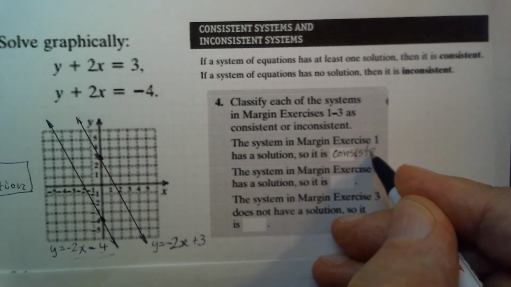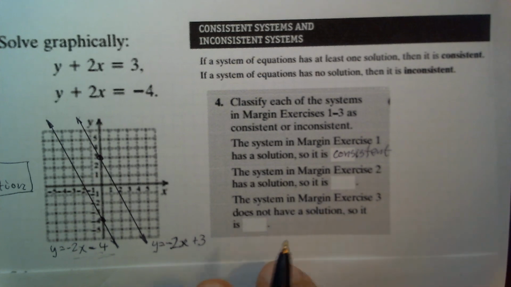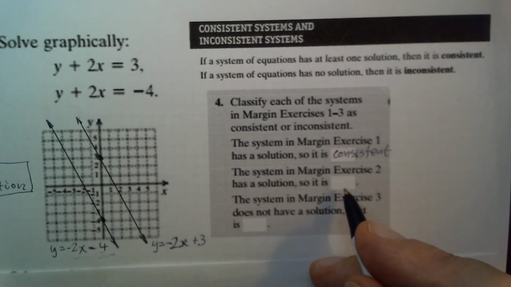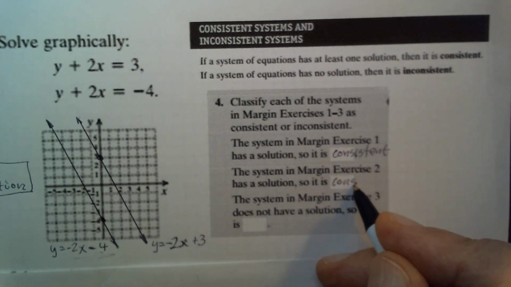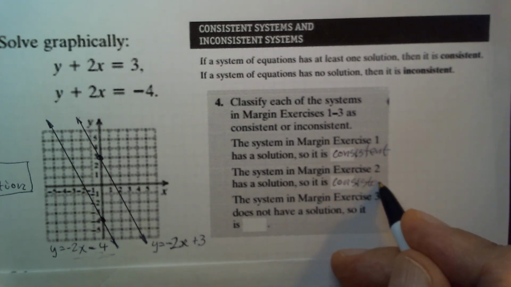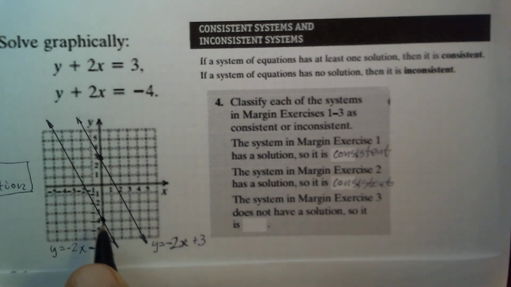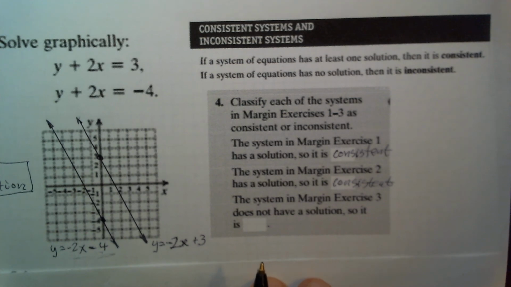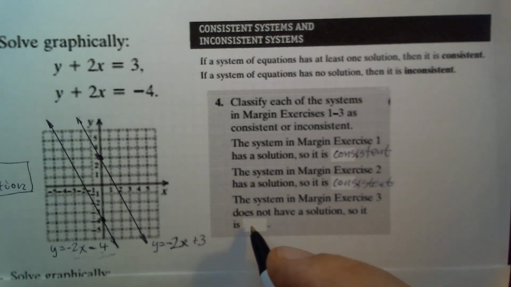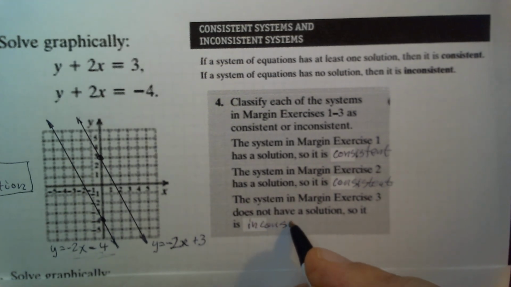If you go back to margin exercise number 2, it had one solution, and so it's consistent also. And then the one we just did, exercise number 3, had no solution. Therefore, it is inconsistent.